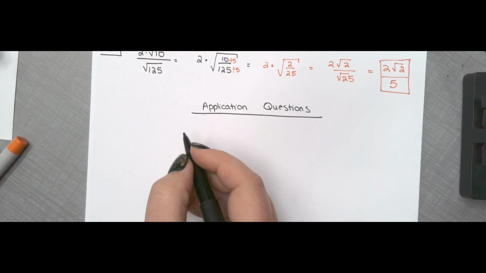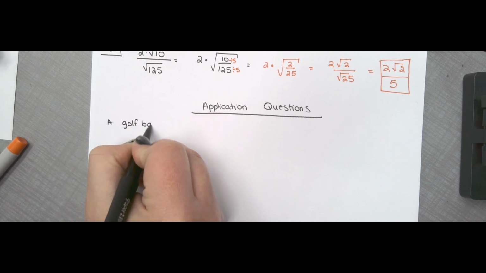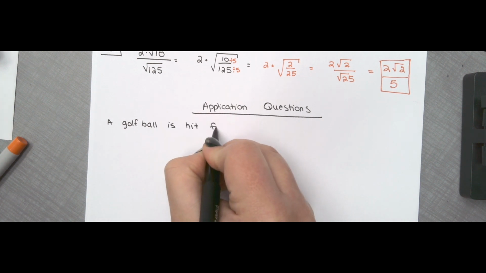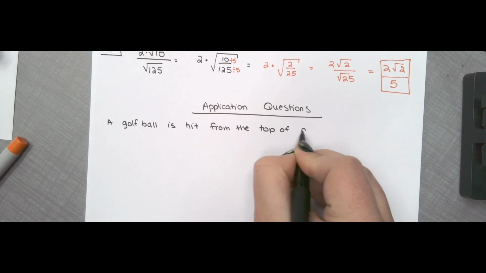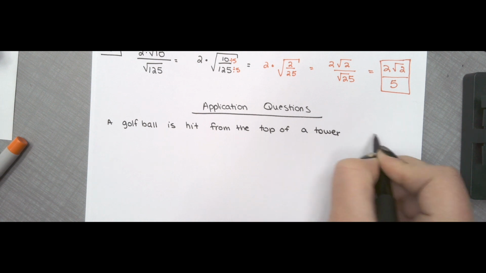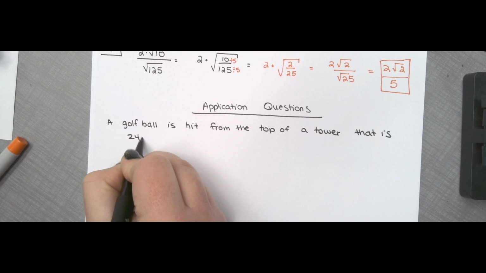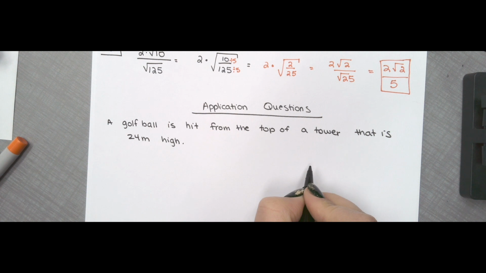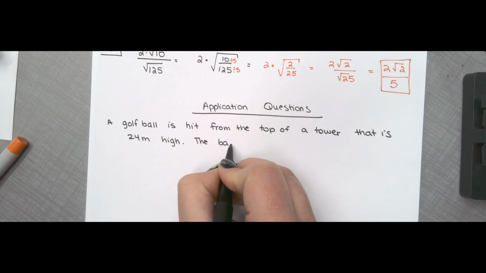Okay, let's say there's a golf ball hit from the top of a tower that is 24 meters high. The ball follows a parabolic path defined by the function. It just tells you that it's going to be looking like a parabola.